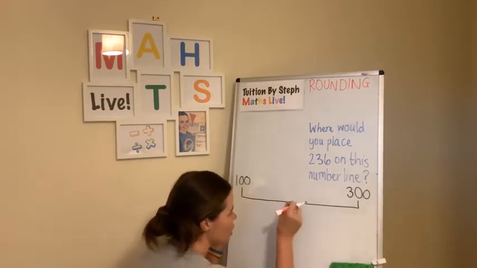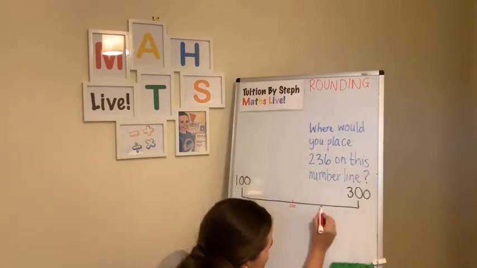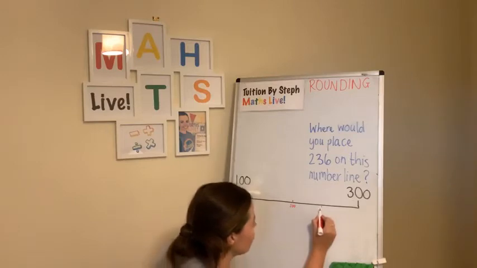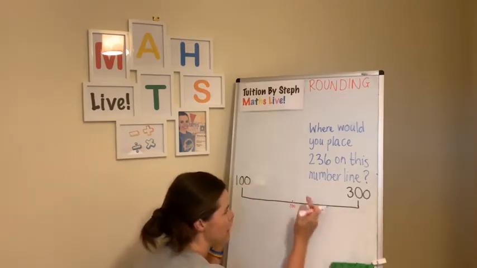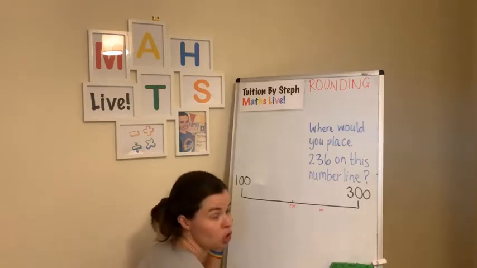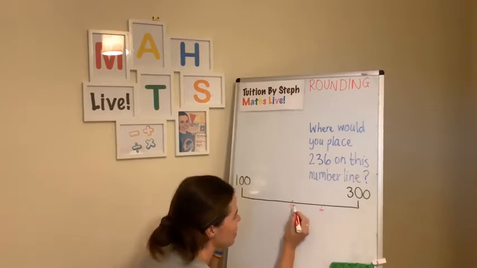Now again, 200, 300. A value in the middle of that is 250. Okay, and can you see I'm gradually breaking down the space where this number could occur? So now I know it's in between these two increments. And now what I'm going to try and do is jump up in tens.